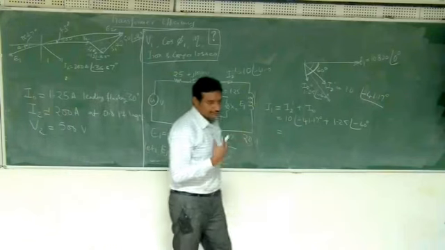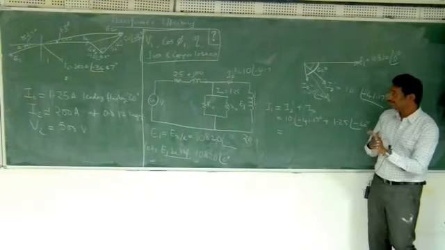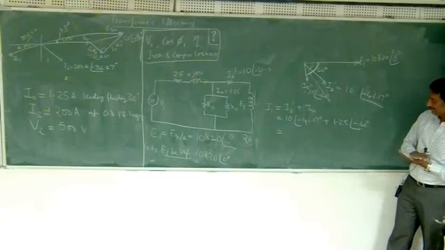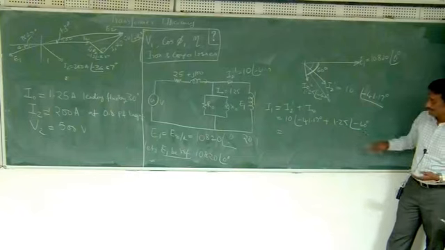This is the most confusing part of the problem. So 10 at an angle of minus 41.17, 1.25 at an angle of minus 60.